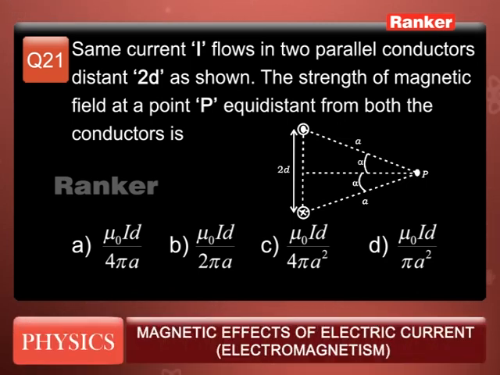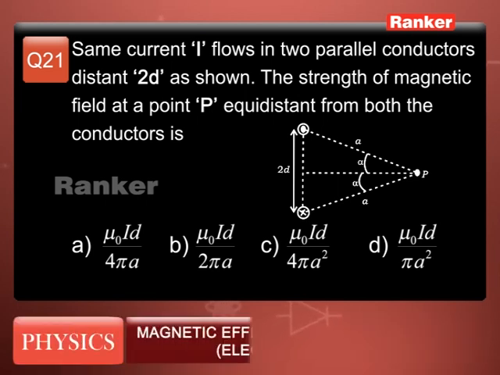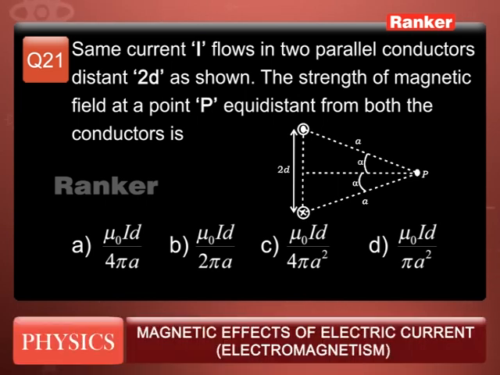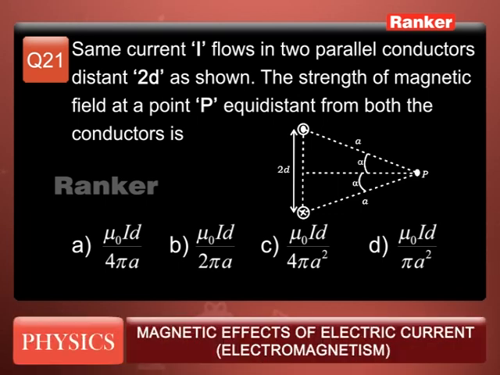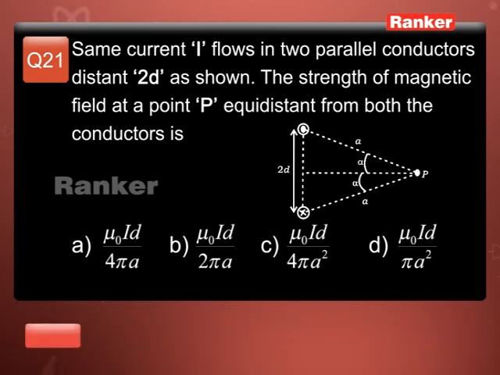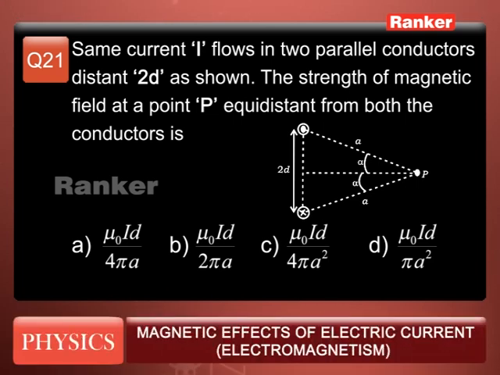Option 3 is mu naught I D by 4 pi a square. And the fourth option is mu naught I D by pi a square. So 4 different options are given. Out of them, we just have to look into which one is the correct option.